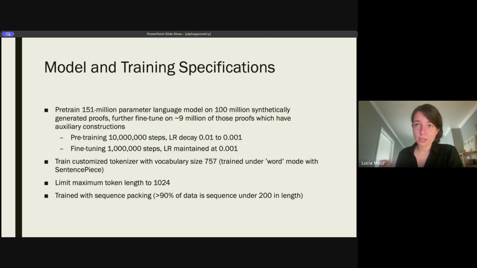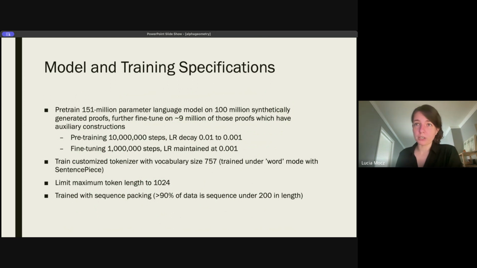They do train a custom tokenizer for this on a vocabulary size of 757, entirely just on the symbolic grammar. This ensures that the model is only going to be speaking in the symbolic grammar, so you don't have to have any fancy prompting in order to be able to speak in the symbolic grammar.